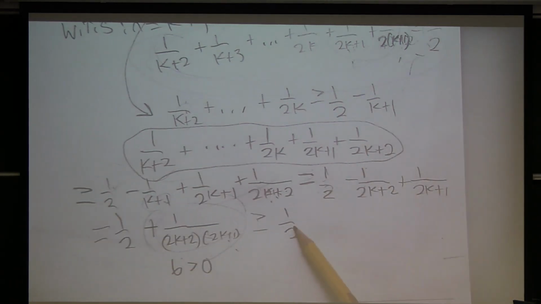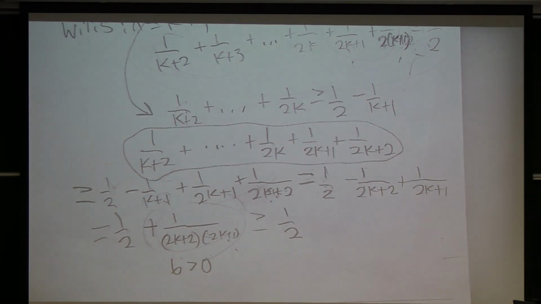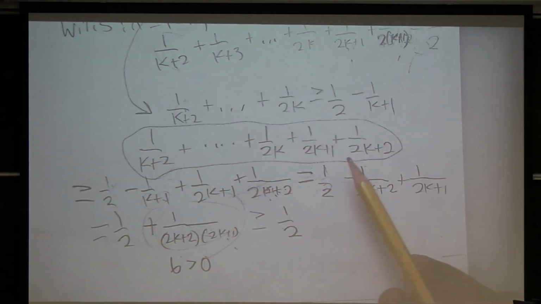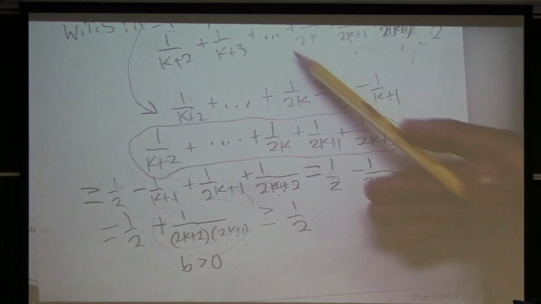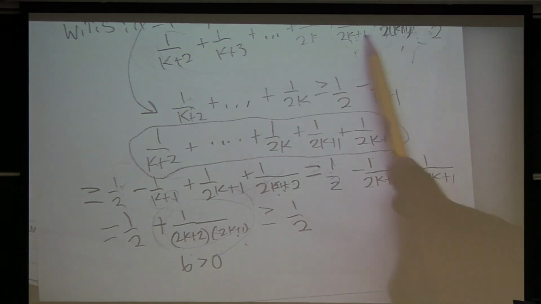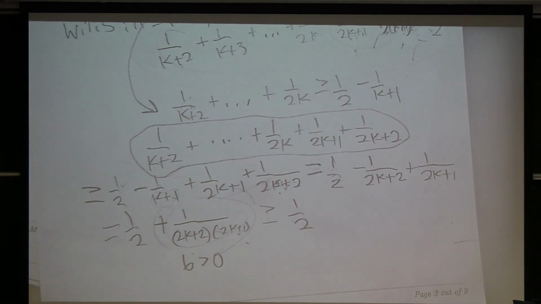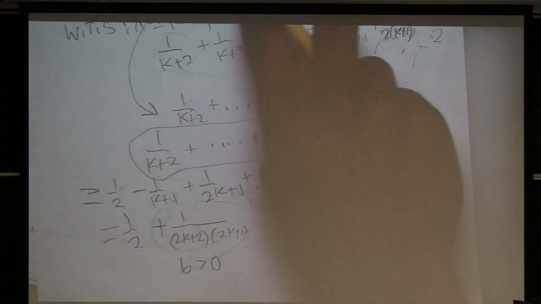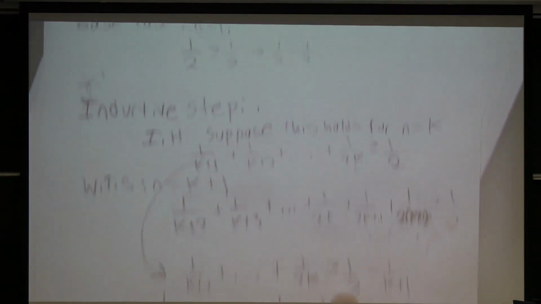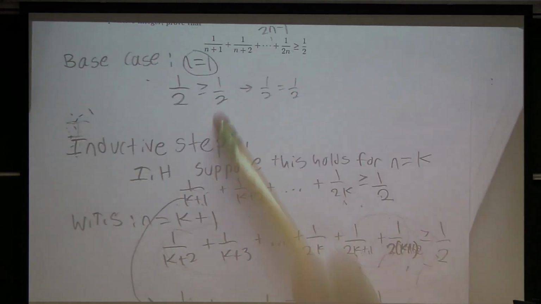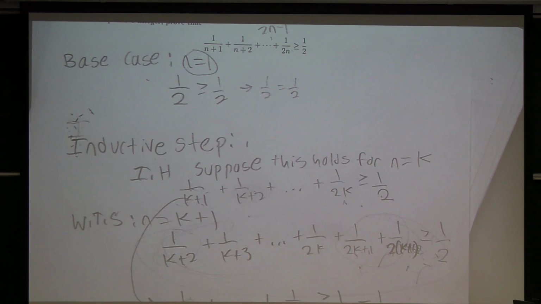So this is what we wanted here, but recall that when we did our want to show, when we took away the 2k plus 1 and 2k plus 1, we also had to account for the base cases in this scenario. So can anyone tell me what base cases we should include here? Extra base cases. One.